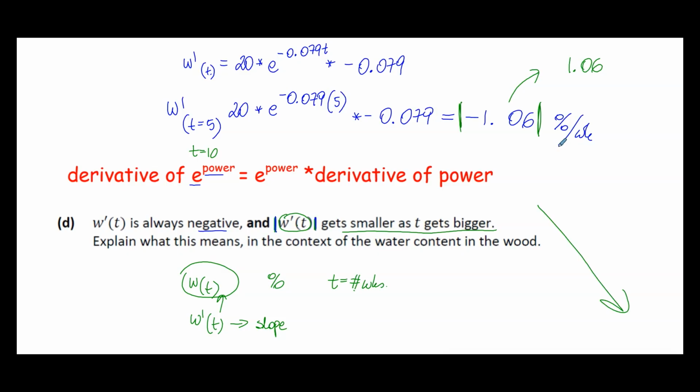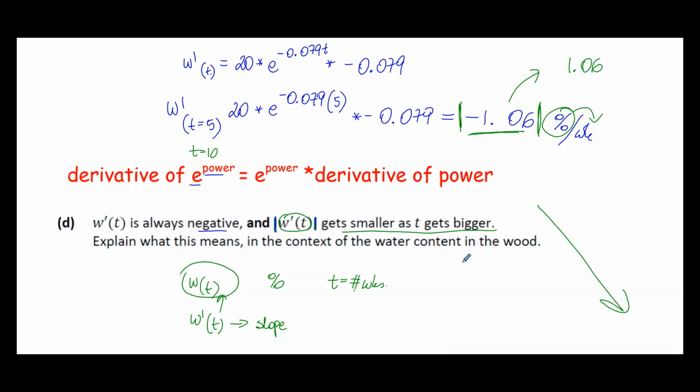But once that wood gets drier and drier, we don't have as much water, and therefore not as much is going to be evaporating. So that value will be getting smaller because the rate of change, or how much percent of water per week will evaporate, will be getting smaller because there is less water in the wood. So that's what it means in the context of the question.